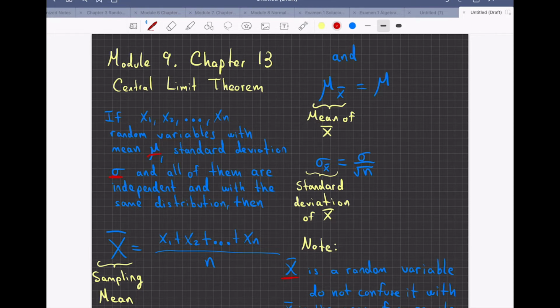In general, the sampling mean is a random variable. In the book, you are going to see it written as capital X, and do not confuse that random variable with the x bar that is usually represented by lowercase. One is a random variable, the other one is a single number, the mean for a given sample.